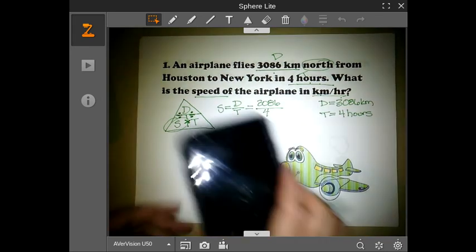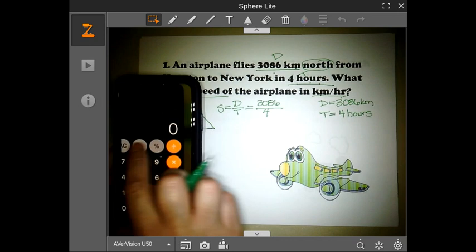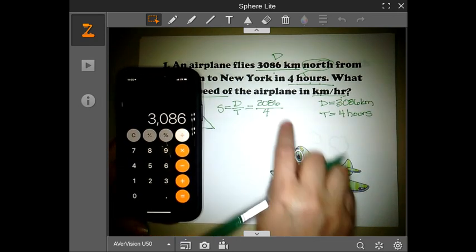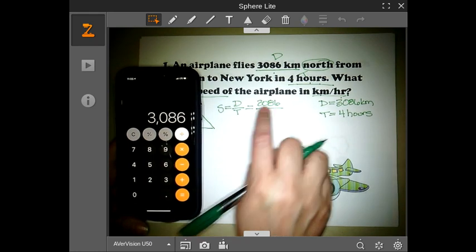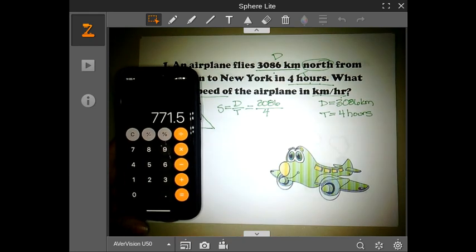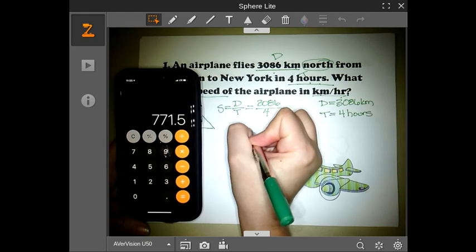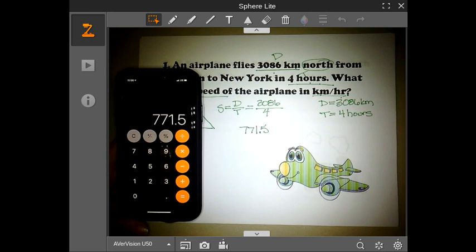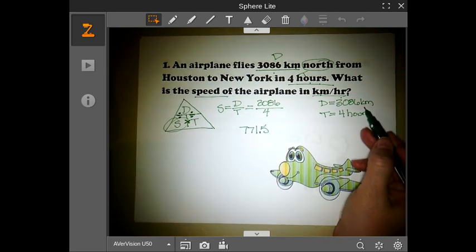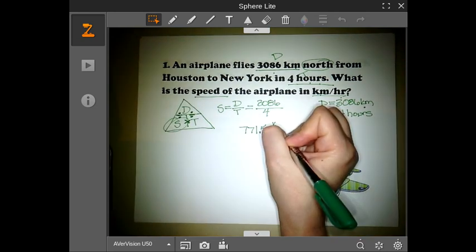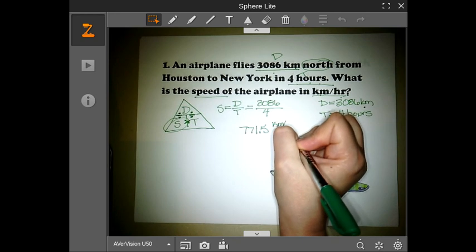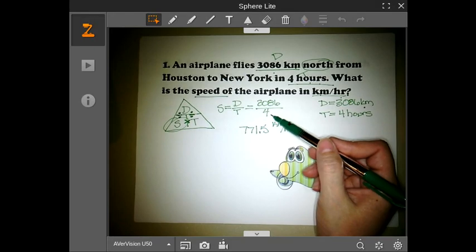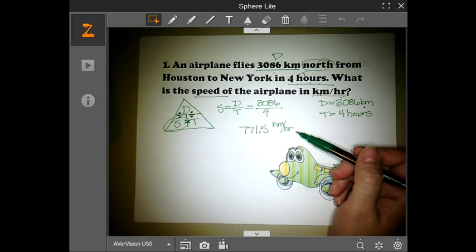So I'm going to use my calculator. 3,086 goes into the calculator first because it's on top, and then divide by 4. That gives us 771.5, and our units are going to be kilometers over hours. Whatever you do to the numbers, you also technically are doing to the units.